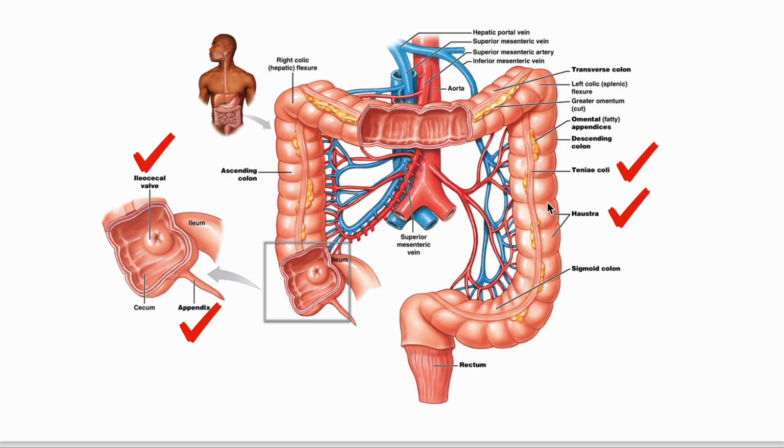The haustra allow for expansion and contraction of the large intestine, and the tinea coli, we're not 100% sure on what it does, but it may create a tiny little channel that allows gas to move down the large intestine and leak out slowly so that gas doesn't build up in the large intestine.